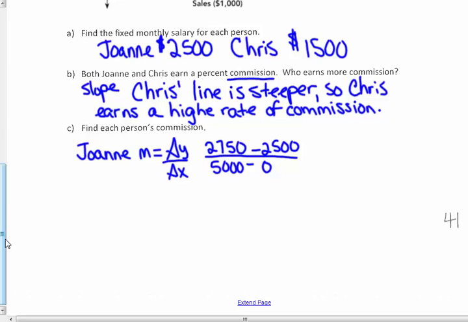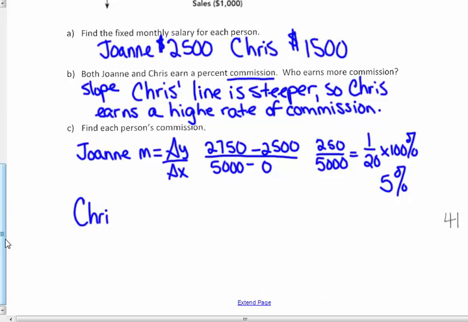So Joanne is 250 over 5,000, which is the same thing as 1/20th, and when I multiply that by 100%, I'm going to get 5%. I'm trying to figure out the percent, the rate of commission, so Joanne earns a 5% commission rate.